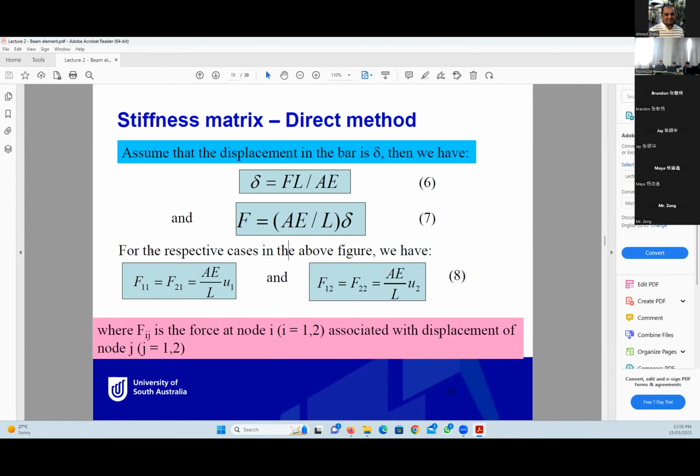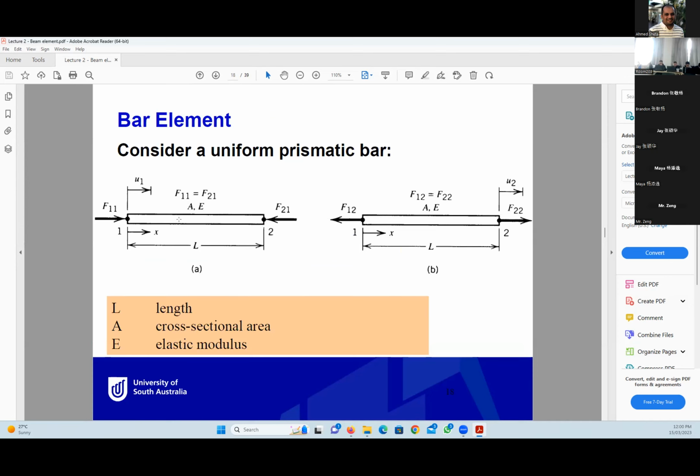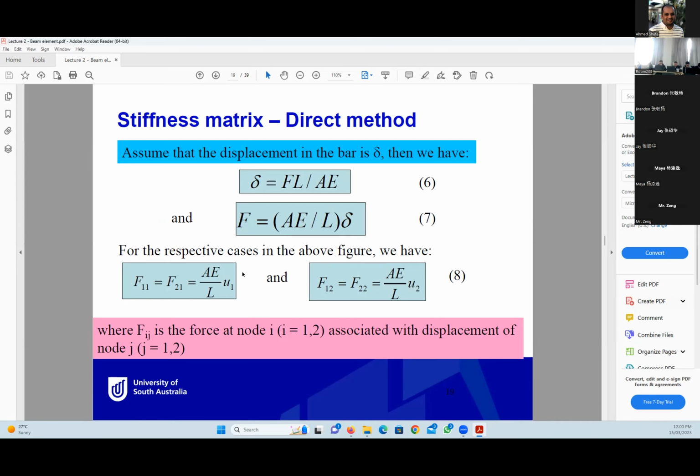For the respective cases in the above figure, now we can get F11 and F21. F11 and F21 will equal AE divided by L times U1. Why U1? Because U1 causes F11 and F21. Again, F11 means the force at node 1 due to U1, and F21 is the force at node 2 due to U1.